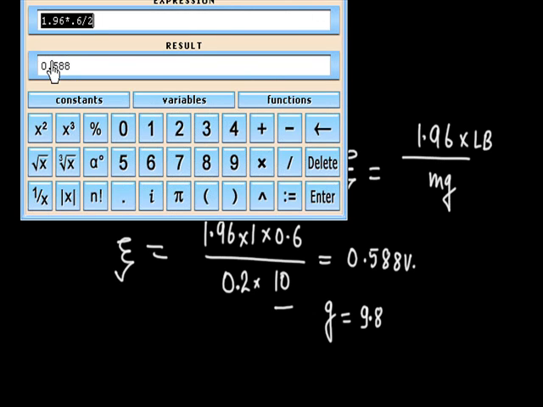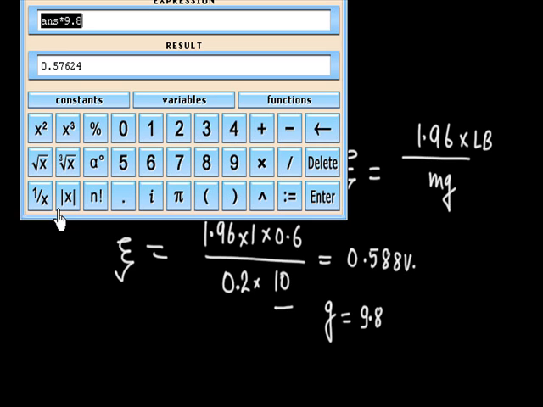So I take 0.588, divided by 10 and multiplied by 9.8. So this value comes out to be 0.5762.